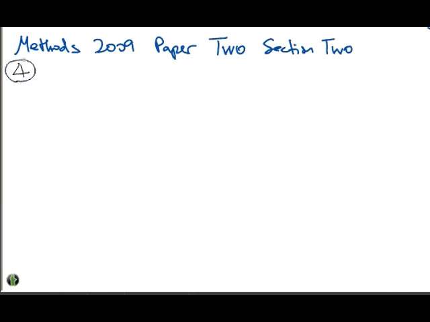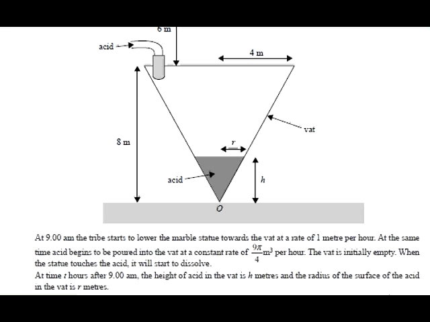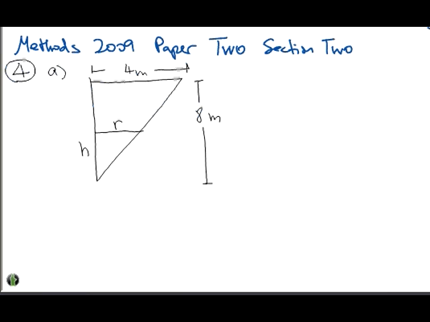This is essentially what we have in part A. This is half our vat, and this is H, that's R. Now, what do you see about the shape of the vat? The shape is such that we are 8 meters high and 4 meters across. Right, drawn that in here. Great.